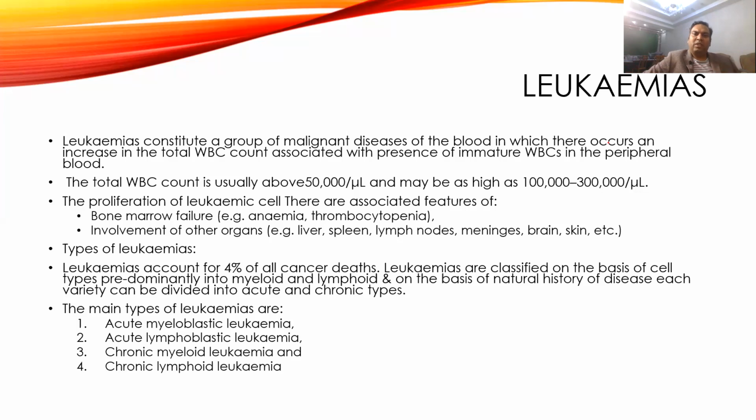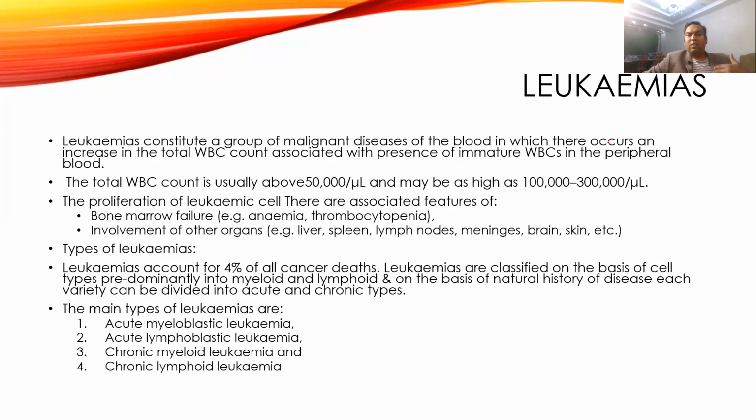And these are usually associated with other features, like there is more production of the WBCs. It will suppress the production of the other cells like RBCs and platelets, and that will lead to anemia and thrombocytopenia.